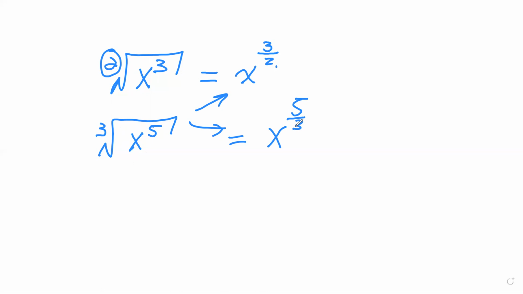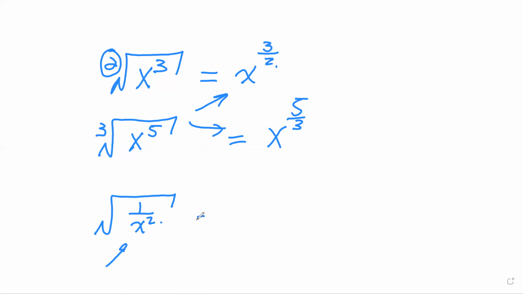Let's make it a little bit more complicated now. And let's talk about a representation that looks like this. So first of all, if you remember, there's another video that talked about how to deal with exponents that go down into the denominator.